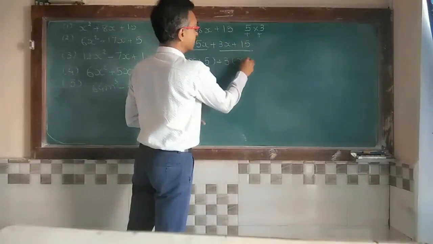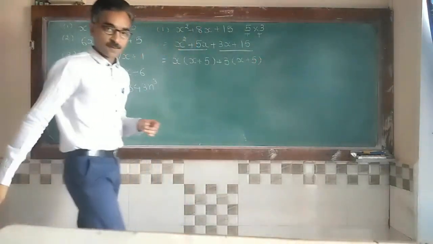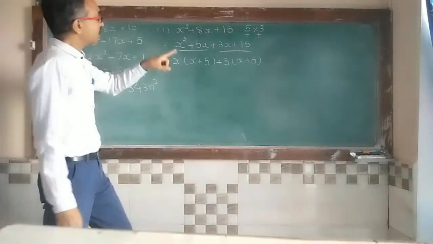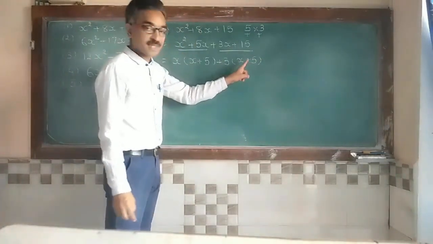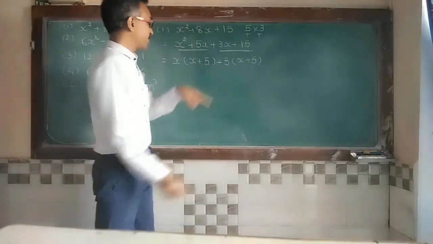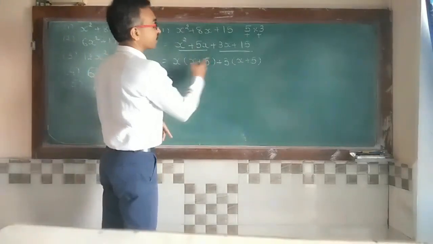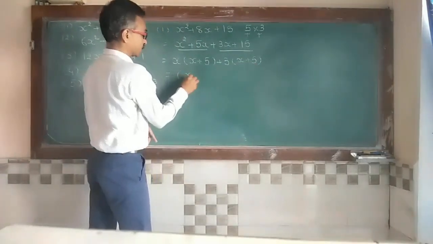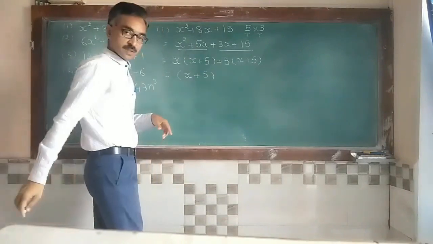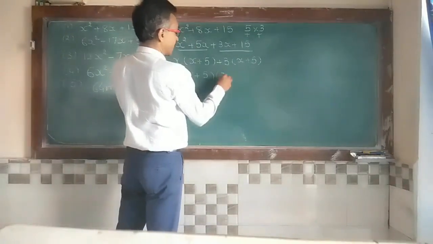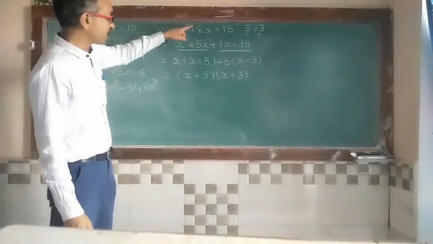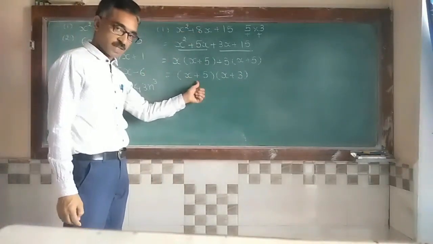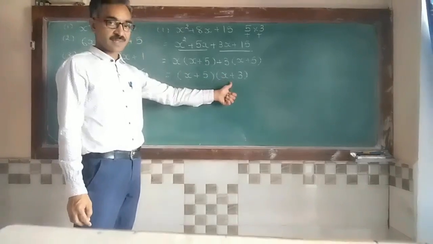Remaining is x + 5. Remember this: always the first bracket and the second bracket are the same. So now take common x + 5, and remaining is x + 3. So the factors of x^2 + 8x + 15 are x + 5 and x + 3.